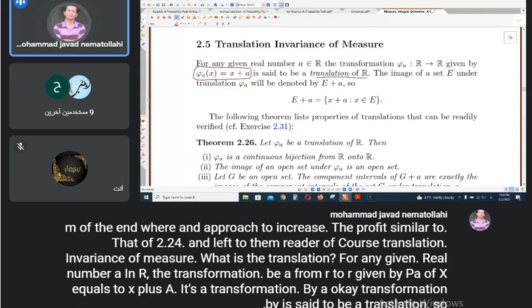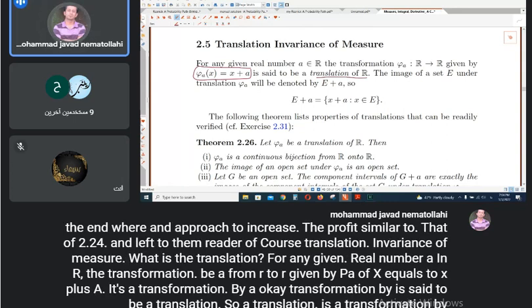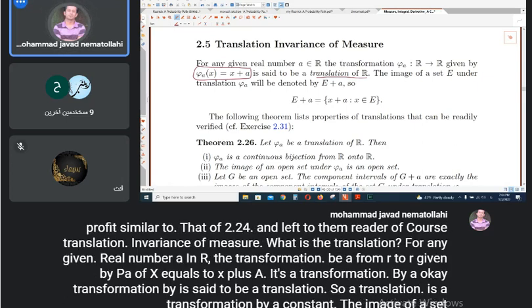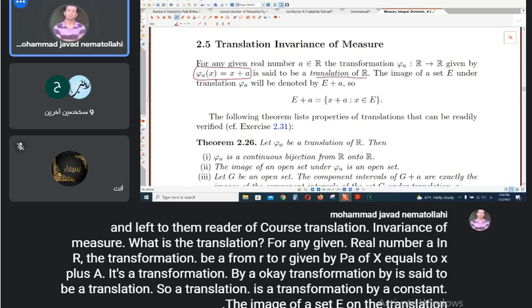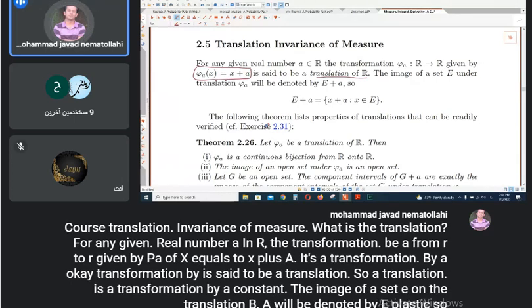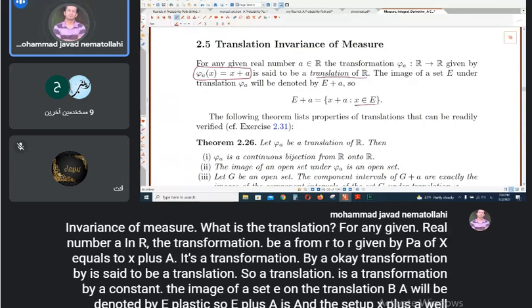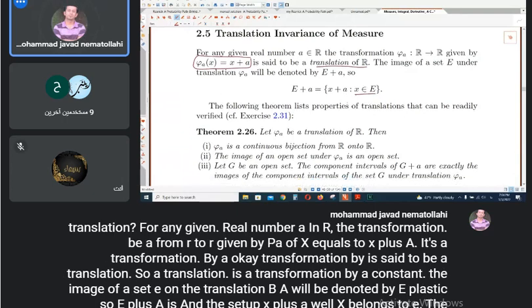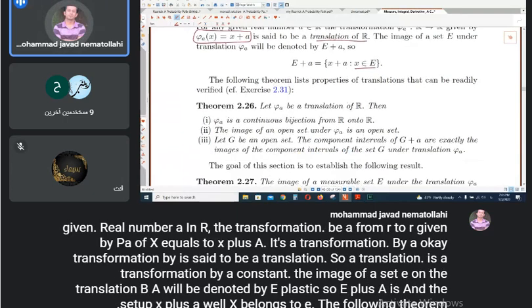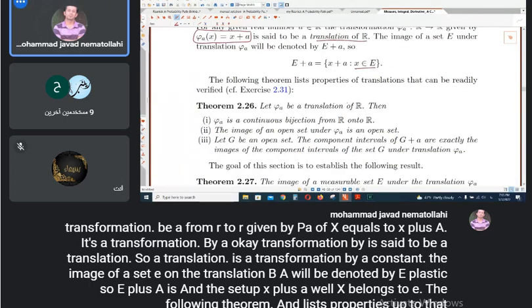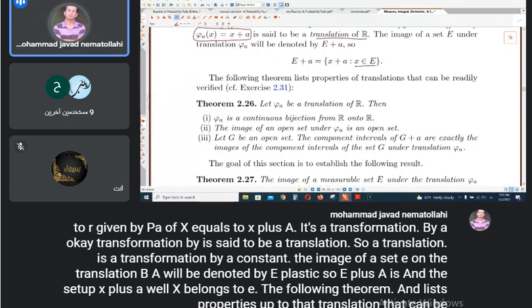So a translation is a transformation by a constant a. The image of a set E under translation P_a will be denoted by E plus a. So E plus a is the set of x plus a where x belongs to E. The following theorem lists properties of translations that can be readily verified.